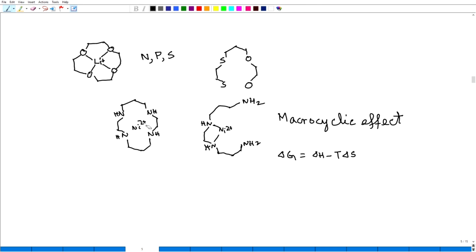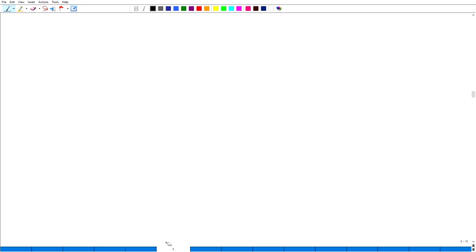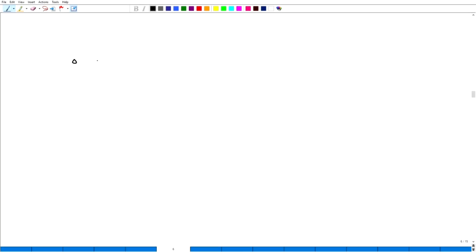Another thing you have to understand is about the macrocycle when it is in the free state. Say I am writing this 1, 2, 3, 4, say this is a macrocycle.